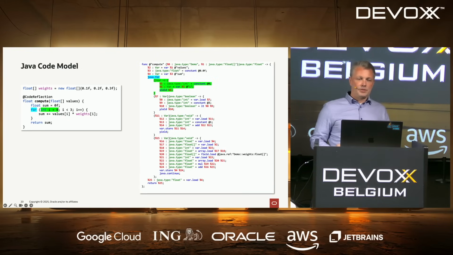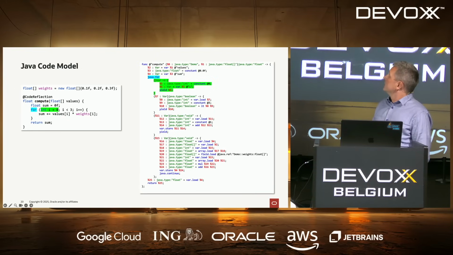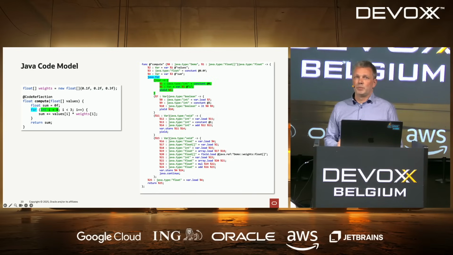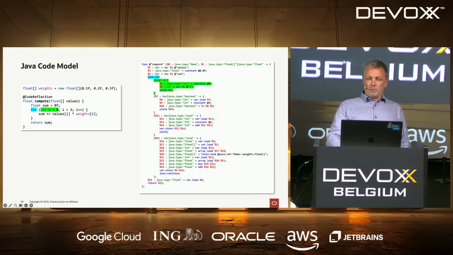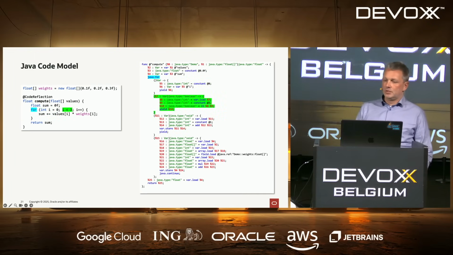There is also one interesting operation there, the yield operation, that represents one of the terminal operations which terminate the blocks and the body in our model. The second nested body corresponds to the for loop conditional expression.